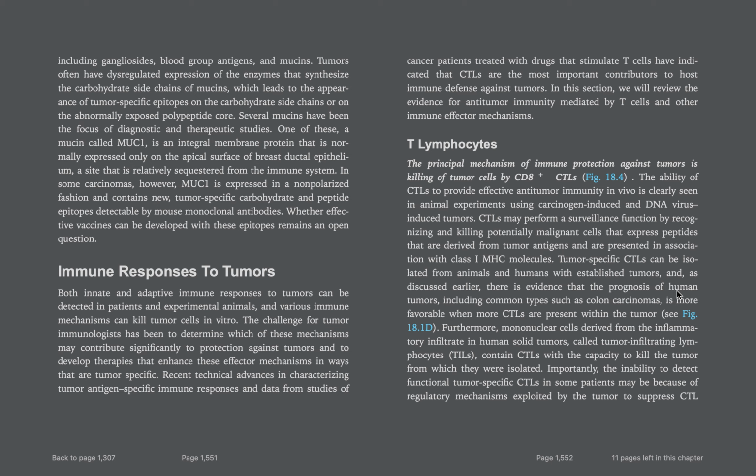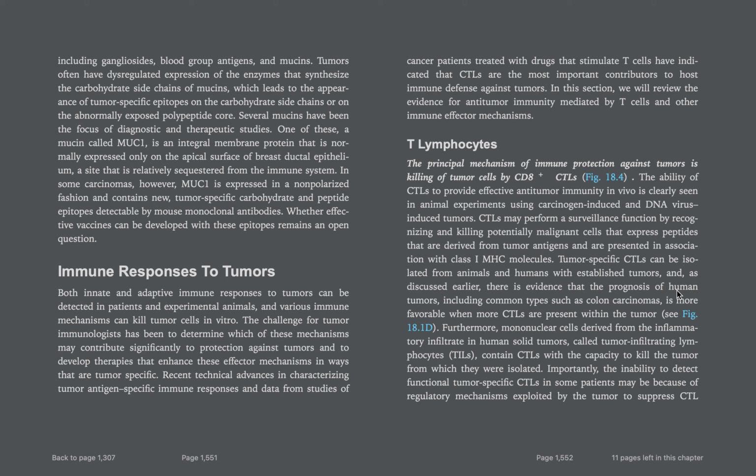Tumors often have dysregulated expression of enzymes that synthesize the carbohydrate side chains of mucins, which leads to the appearance of tumor-specific epitopes on the carbohydrate side chains or on the abnormally exposed polypeptide core. Several mucins have been the focus of diagnostic and therapeutic studies. One of these is a mucin called MUC.